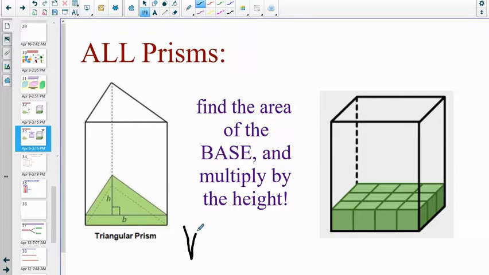My formula for the volume of a prism, I've said this before, base times height, but before it was the base of a triangle, the base of a parallelogram. Now, because it's the base, it's the area of the base. I'm going to use a capital B to stand for that base, just so we don't get it confused with, you know, maybe the base of this triangle.